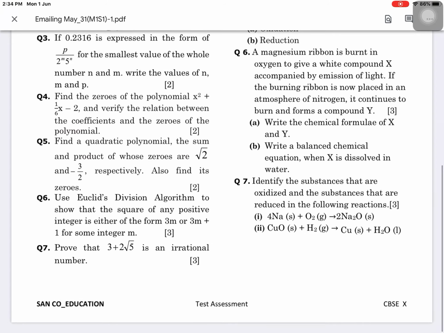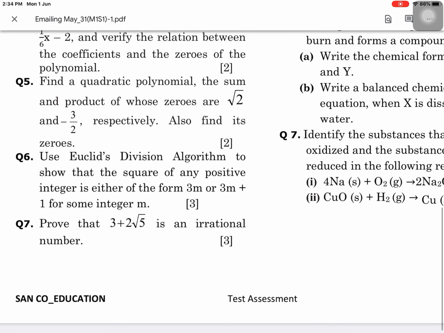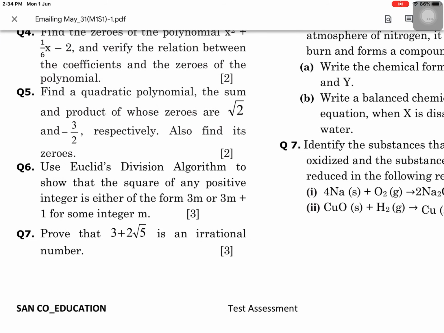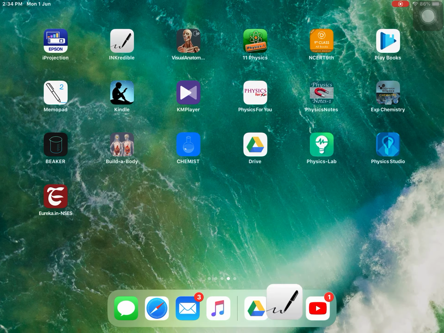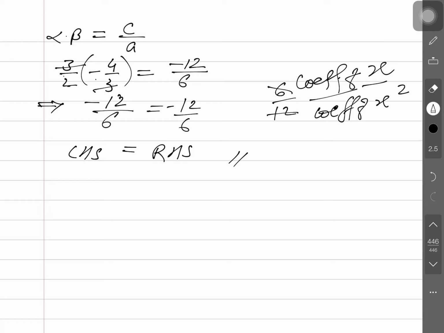Question number 6. Find a quadratic polynomial whose sum and product of zeros are given. Find the quadratic polynomial means how to find the quadratic polynomial.